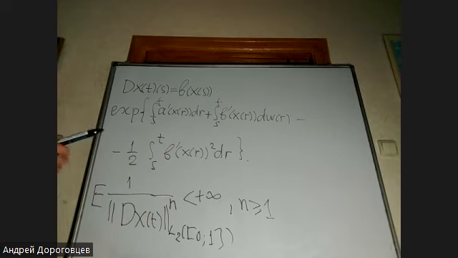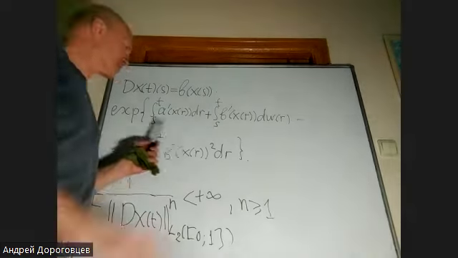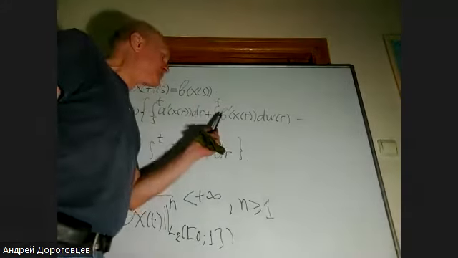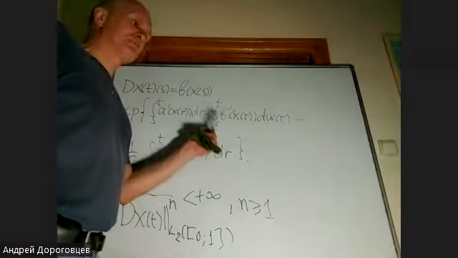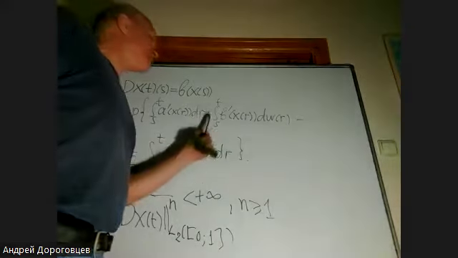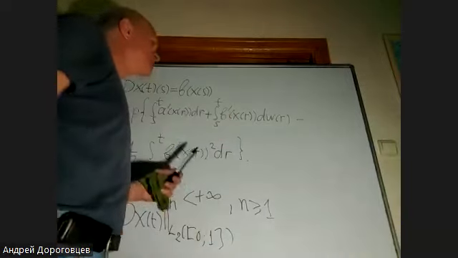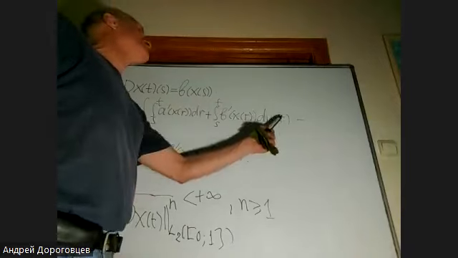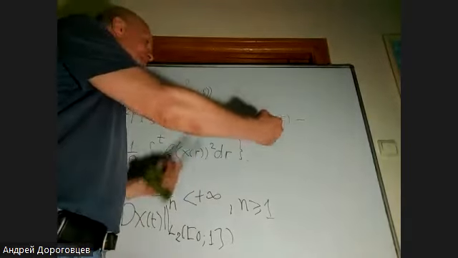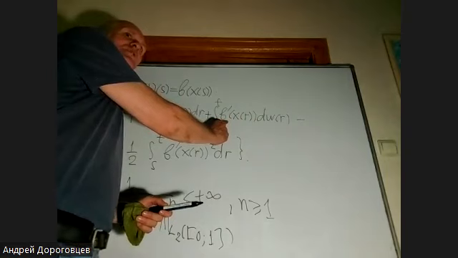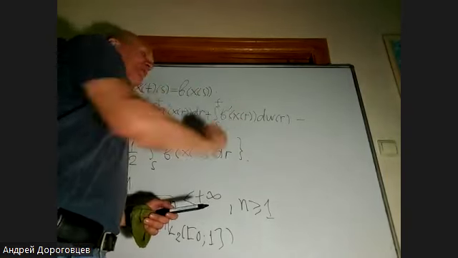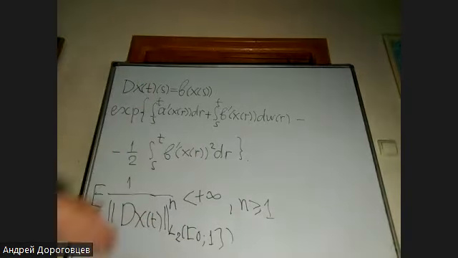The estimation is rather standard and is the following. This and this we estimate by a constant. Here we have a martingale with bounded characteristics, so its maximum on the interval 0t can be estimated as the maximum of the Wiener process on some interval defined by the constant which bounds b prime.